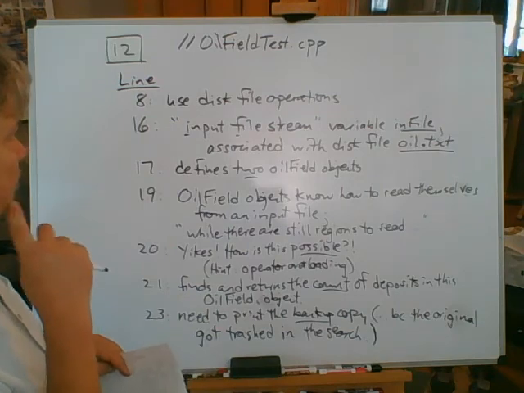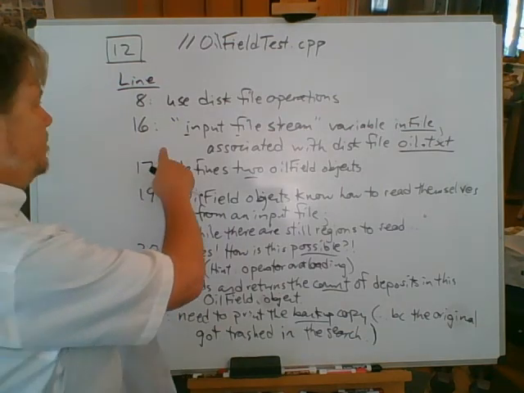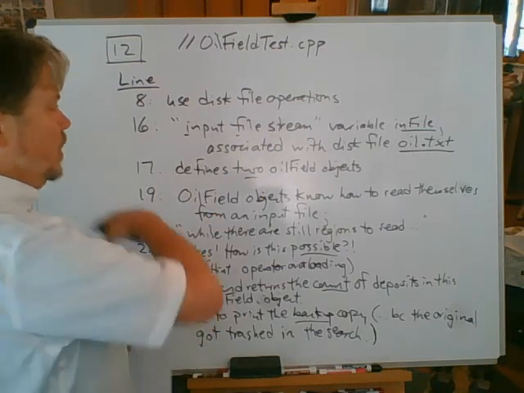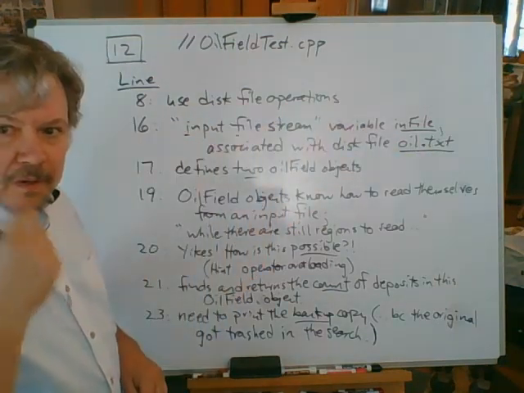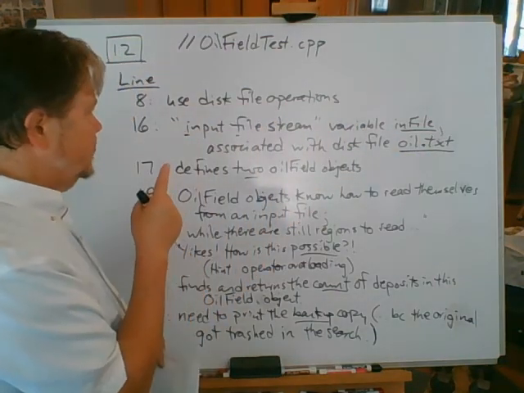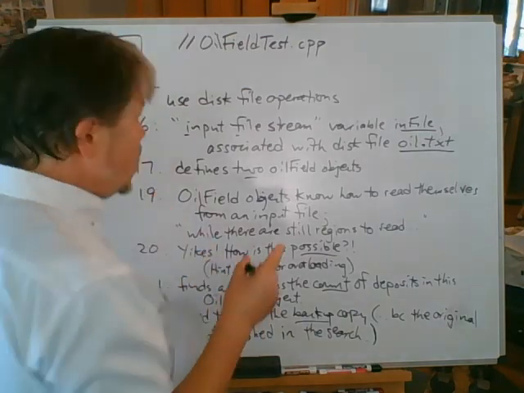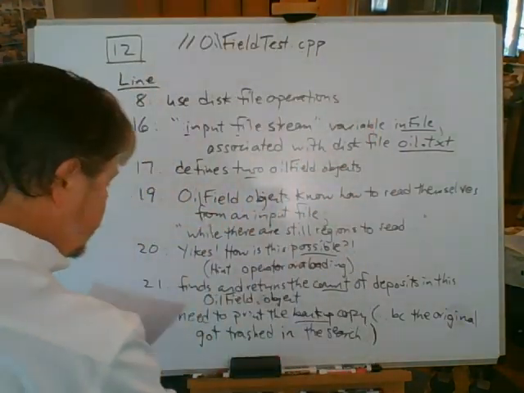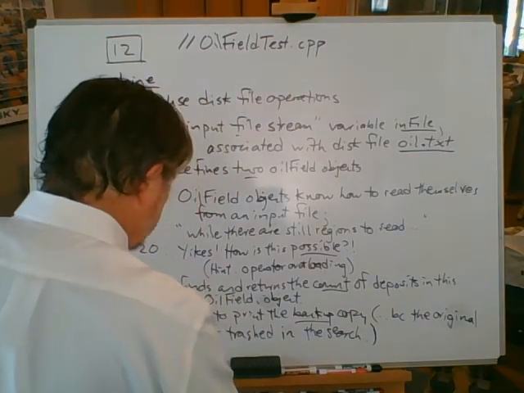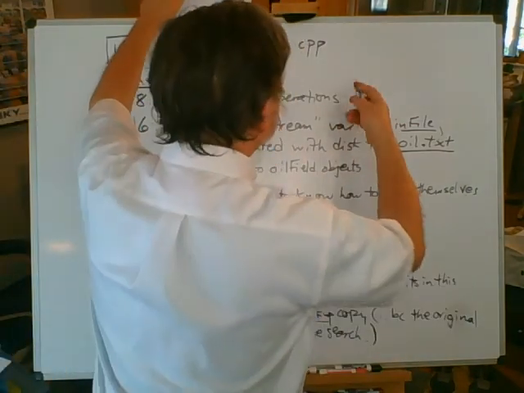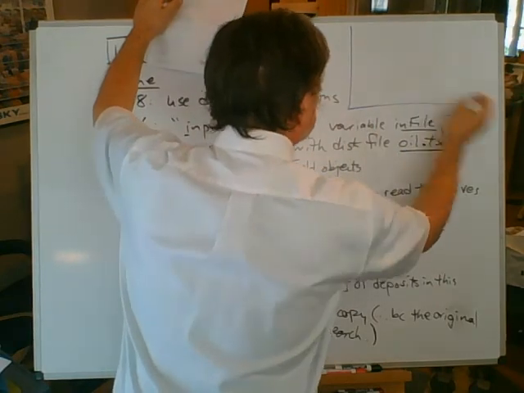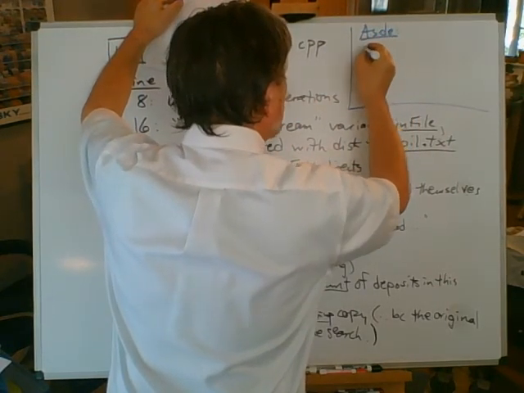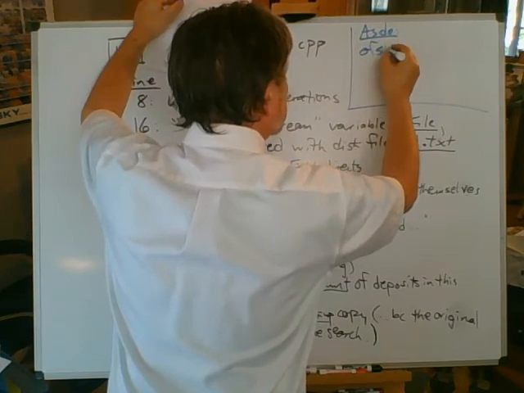Oh, one thing I meant to mention up here, a parting thought. Input file stream. What if I want to send output to an output file? It's almost the same, but it looks like ofstream, OFStream. That's not technically part of this discussion, but before I forget, aside: OFStream.